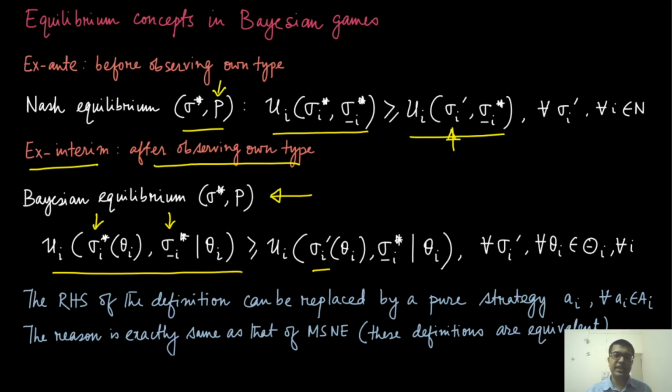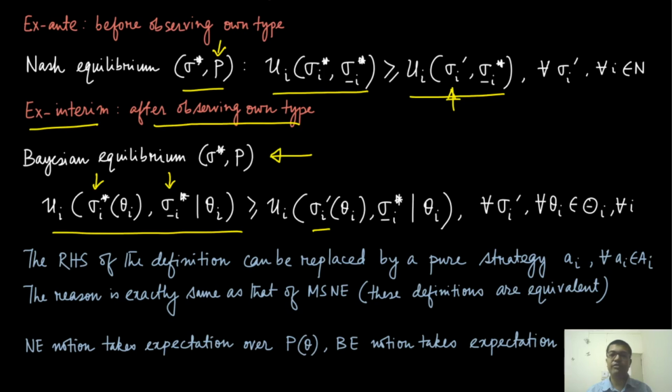Now, one simple exercise, very similar to what we have done in the context of mixed strategy Nash equilibrium. You can equivalently replace this definition with, let's say, a_i'. So you can look at any action, and if you can satisfy this inequality for any a_i which lives in capital A_i, then it is an equivalent definition of Bayesian equilibrium.